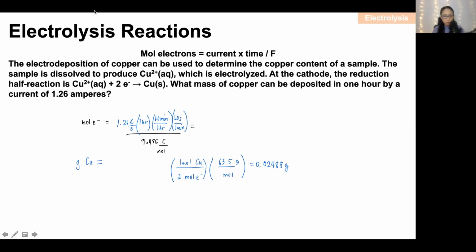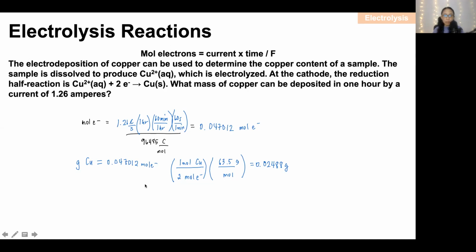Okay, so that's 1.26 times 3,600 divided by 96,485. So we get 0.047012 moles of electrons. So divide that by 2 and multiply it by the molar mass of copper.